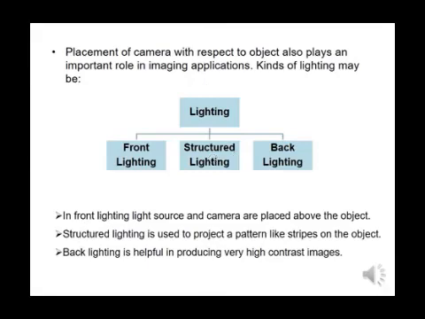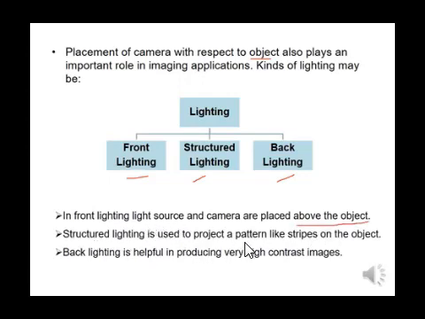So students, the position of the camera with respect to the object plays a very vital role in image processing applications. On the basis of the application, we can put the light source in front of the object, on the sides of the object, or in the backside of the object. In front lighting, the light source and camera are placed above the object.